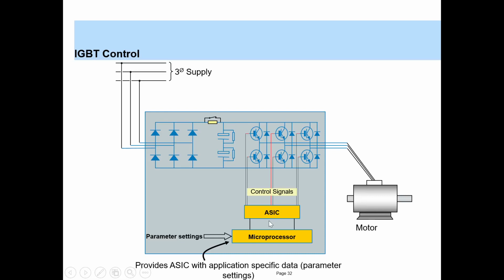A drive also consists of a microprocessor which gives commands and does the processing, and along with this ASIC, it sends the control signals to the IGBTs. Also various parameters are stored in the microprocessor, like the rated voltage, rated current, and the maximum speed of the motor, and based on those calculations the firing angles are calculated and firing is controlled.